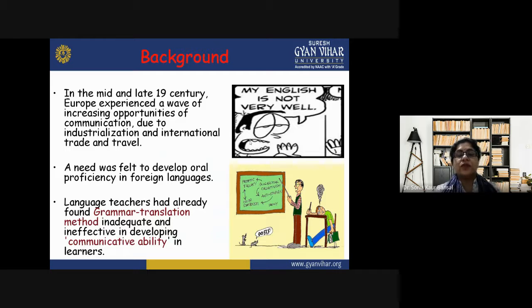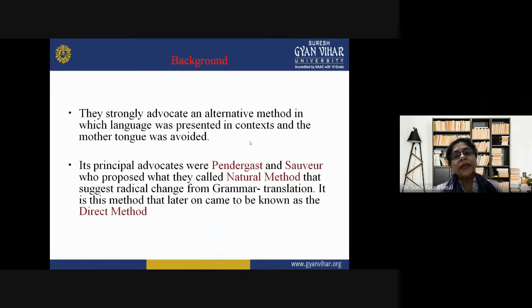English was felt to be somewhat more comfortable for talking to each other, especially by people in business. They strongly advocated an alternative method in which language was presented in context and the mother tongue was avoided. Its principal advocates were Pendergast and Sauveur, who proposed what they called the natural method, a radical change from grammar translation. It is this method, students, that later came to be known as the direct method.